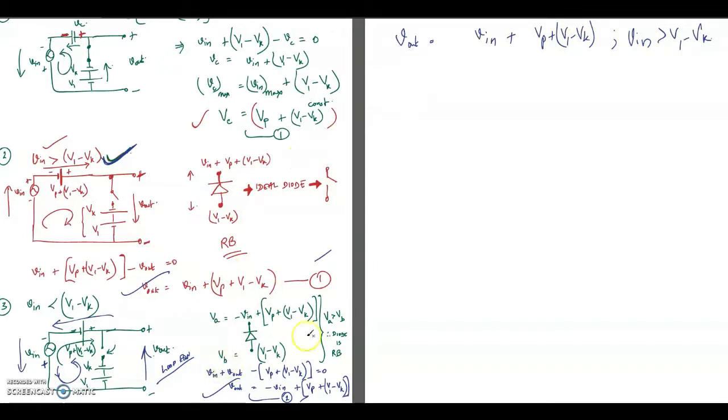And what is the second equation? Vout is equal to minus Vin plus Vp plus V1 minus Vk, again for what is the second condition?